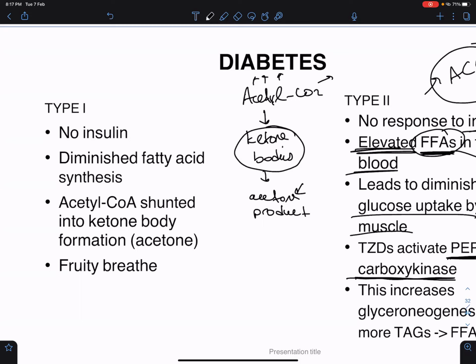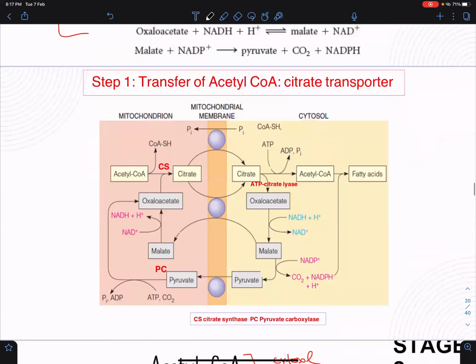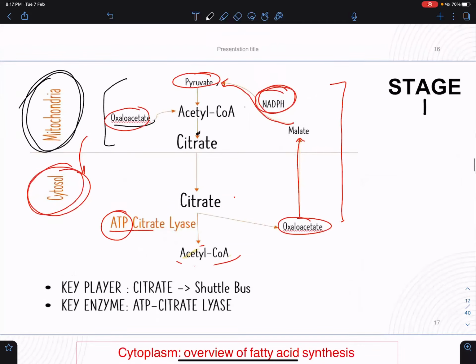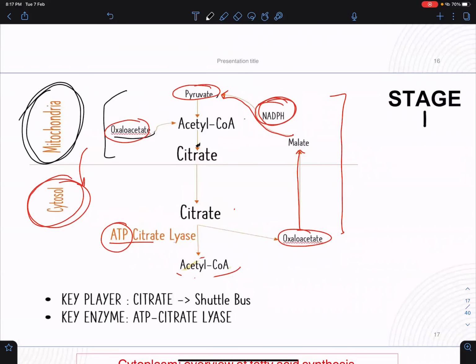Okay, any other questions? You said when citrate accumulates, this starts fatty acid synthesis. Can you repeat stage 1 from here? Yes, sure. Stage 1, this part? Yes, after the citrate accumulates. Okay, so you understand how citrate accumulates? Yes.